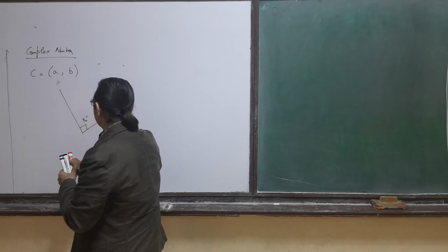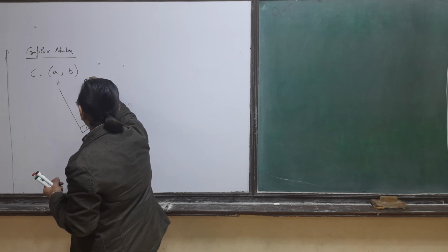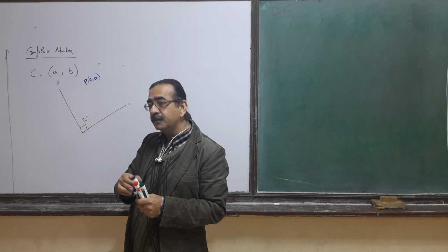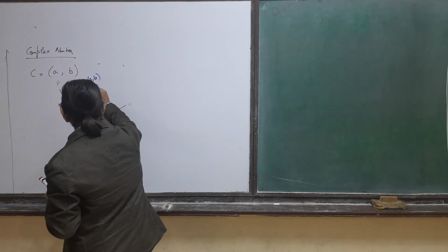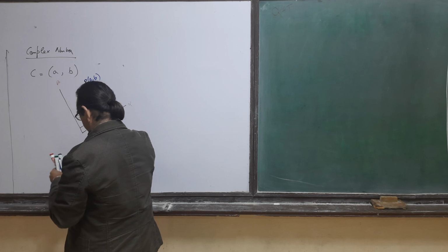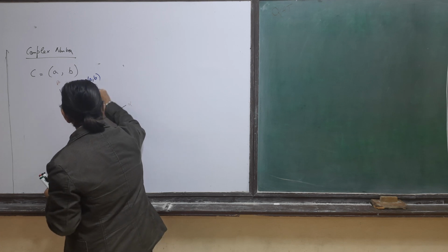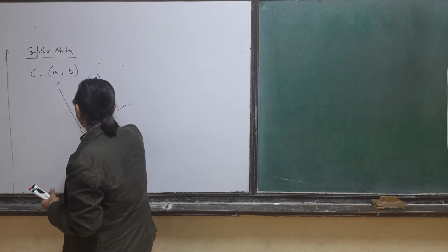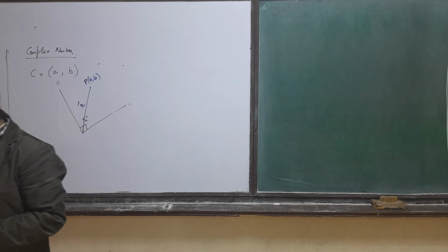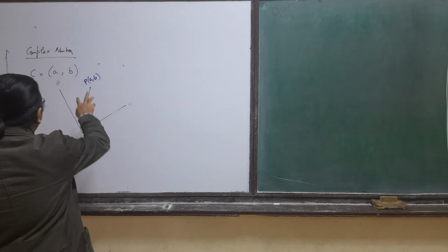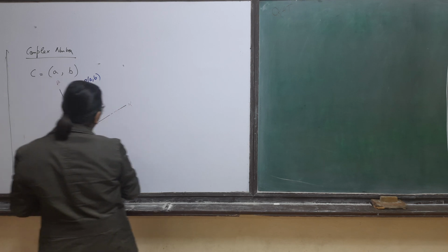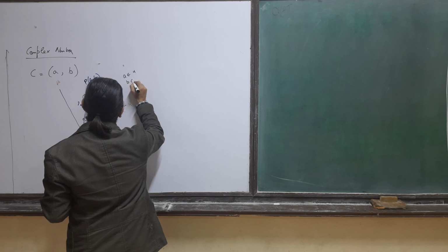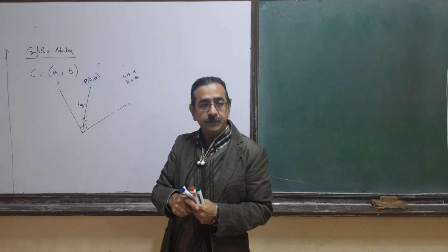Any point on this plane, let's suppose this P, that is A and B. Let's suppose this is distance R, the position vector R. Here A will be an element of alpha and B will be an element of beta.